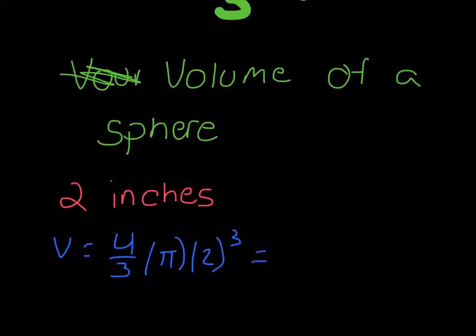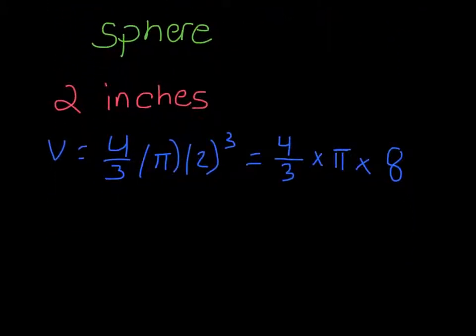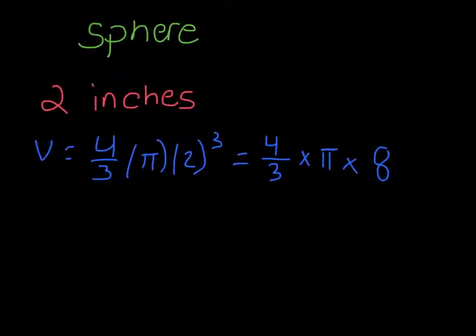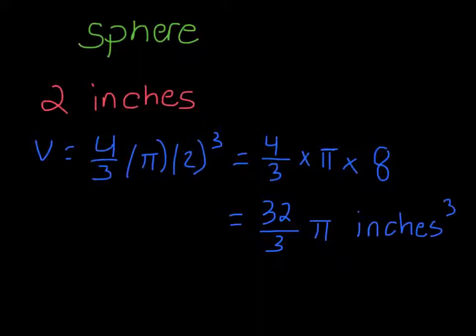And this gives us 4/3 times pi times 8, because 2 cubed is 8. Simplifying this, we get 32/3 pi inches cubed, because we need to show our units. So this is our answer to that question.